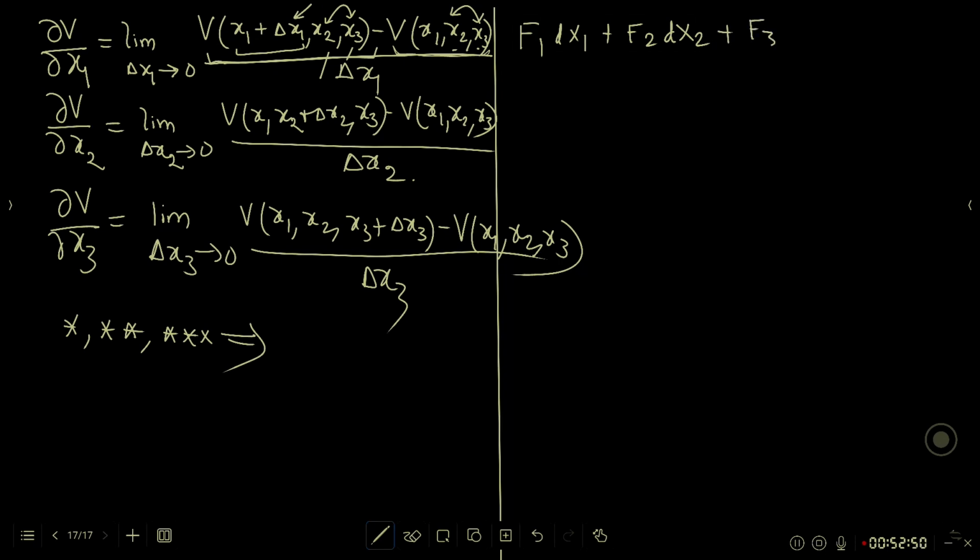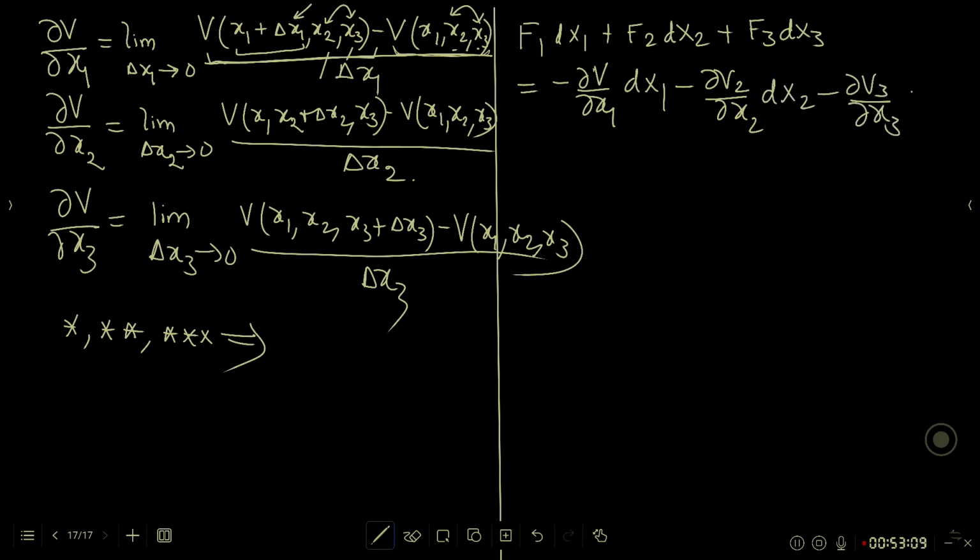But then dx1, dx2 and dx3 are independent of each other and are also arbitrary. Thus, this equation, which I am calling star dot, actually implies that F1 is this.